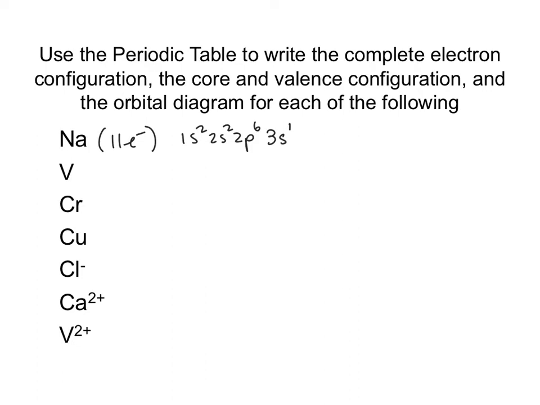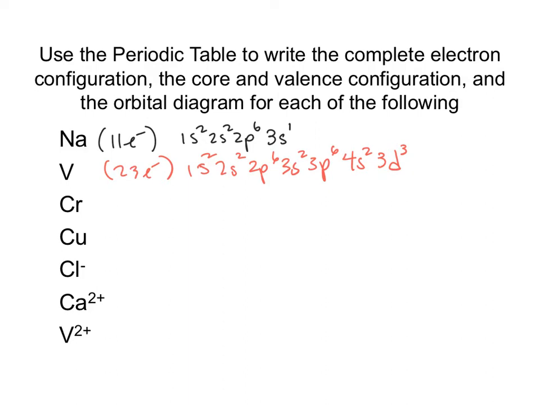And you need a new whiteboard for this one. Let me start all over again. All right then, so vanadium's an interesting one, with 23 electrons. So 1s2, 2s2, 2p6, 3s2, 3p6, 4s2, 3d3.